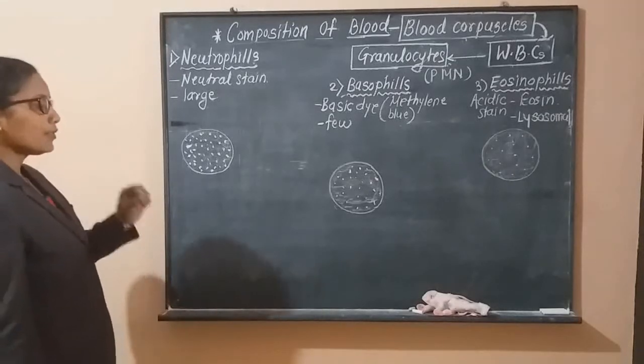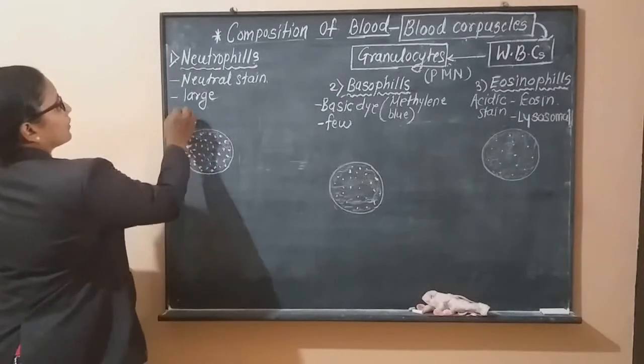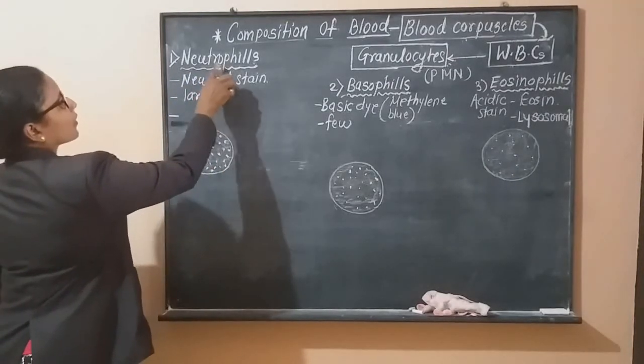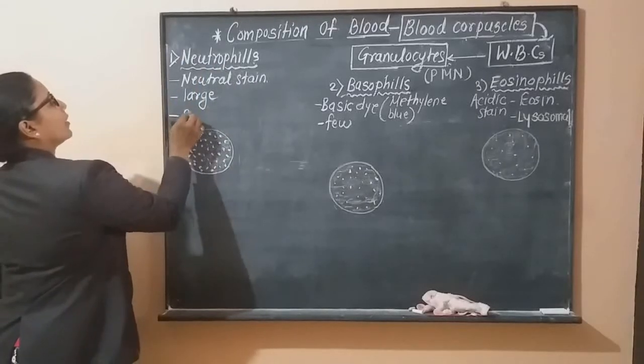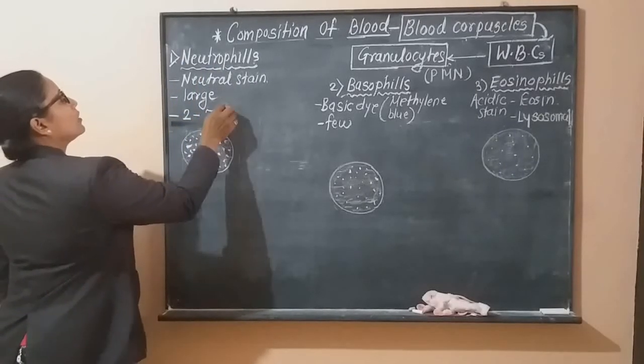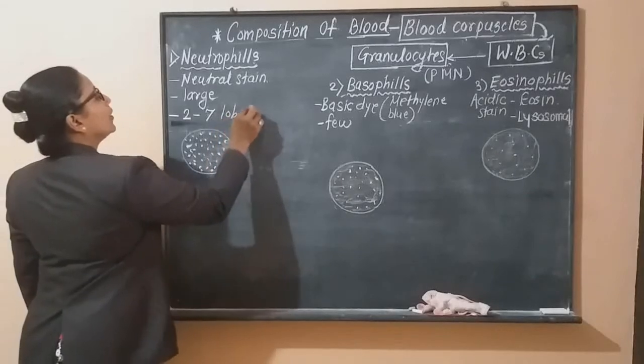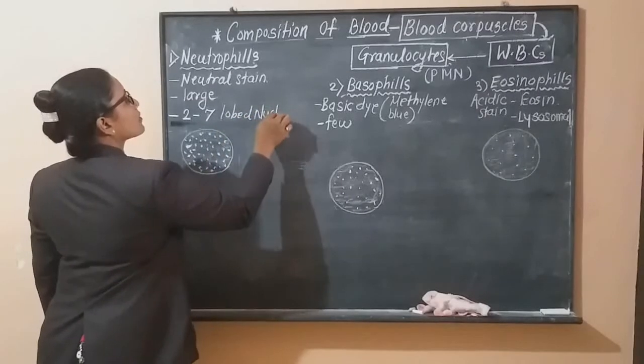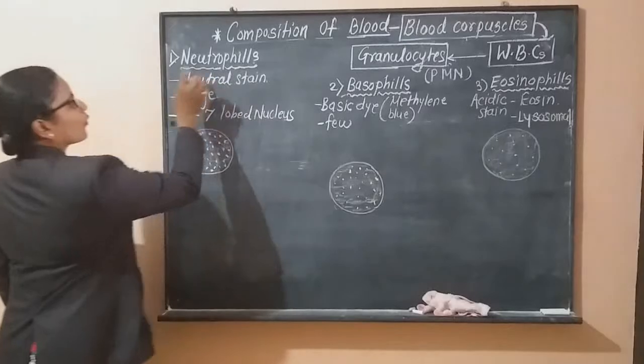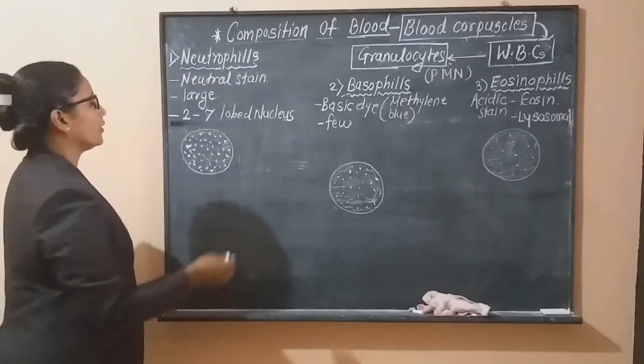Okay. Now the most important difference is that these neutrophils have a 2 to 7 lobed nucleus, meaning neutrophils have a multi-lobed nucleus.